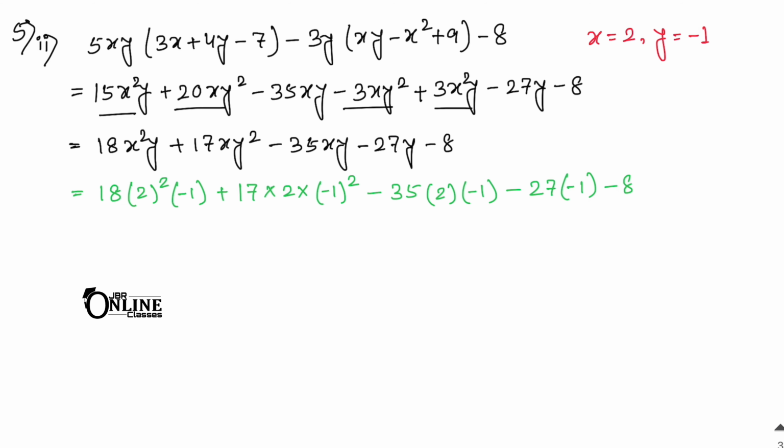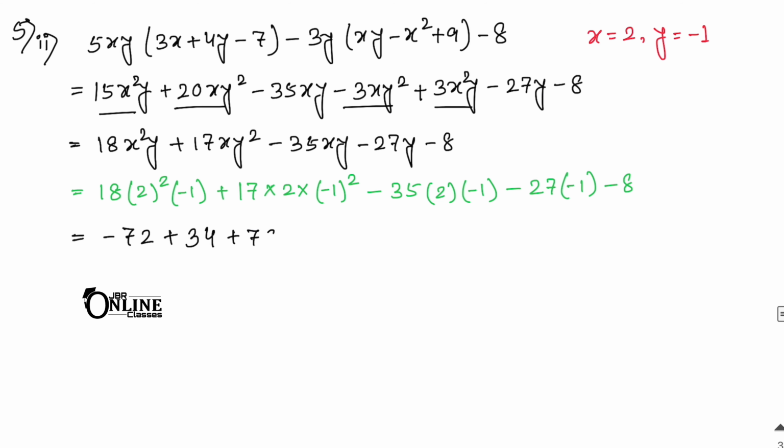So now your answer will be 18 into 4 and then minus 1, so it will be minus 72. After that, minus 1 whole square means only 1, and 17 into 2 is 34. Next, minus into minus becomes plus, 35 into 2 is 70. Then again plus 27, then minus 8.